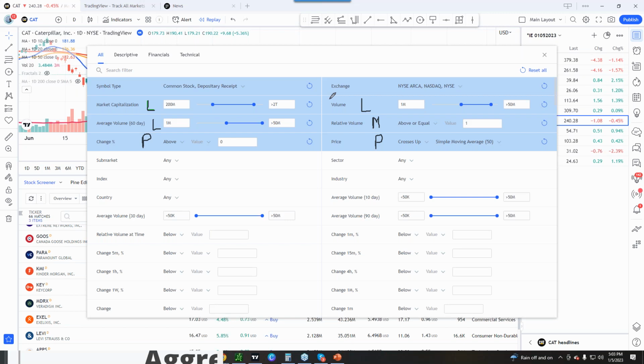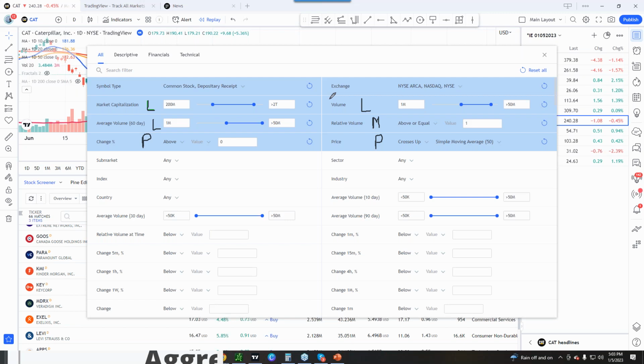So what happens is, any stock that fits this criteria has to check the box for all of these. It's not an or. You know those formulas, if you're into Excel, where you go this or that. This is an and formula.